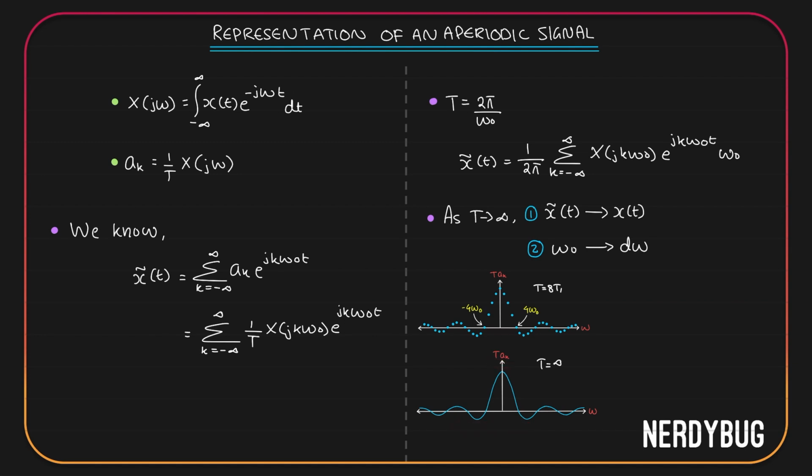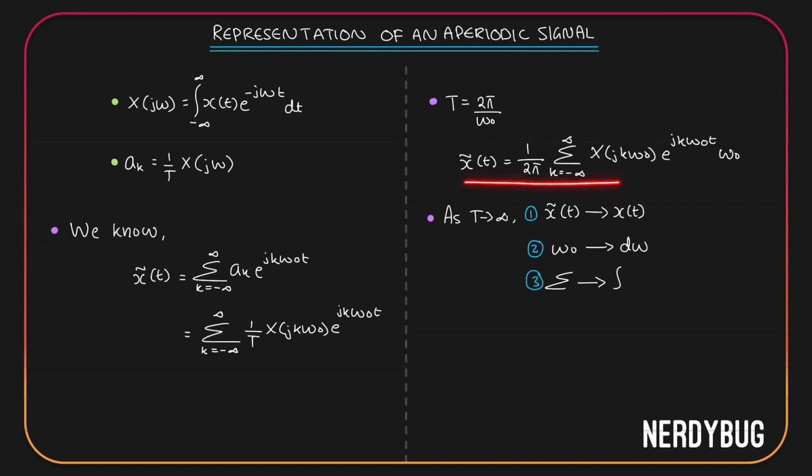So when T was finite, we took summation. When T is infinite, we can take integration. The third consequence of T becoming infinity is that summation will now become integration.